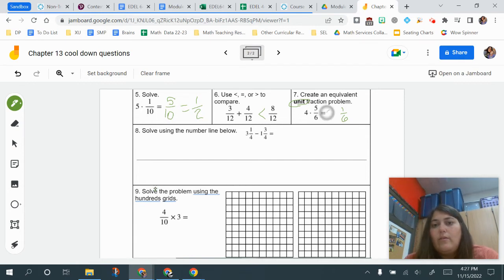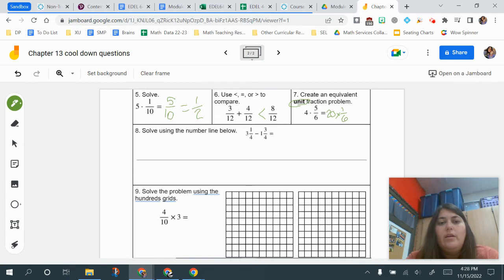So here I'm going to have 20 times 1/6. Now I have it in terms of a unit fraction. So unit fractions are going to have 1 in the numerator, and it's our unit or our counting measure. Just like you would count in inches, 1 inch, 2 inch, 3 inch, you can count in sixths or eighths or fourths as your unit.